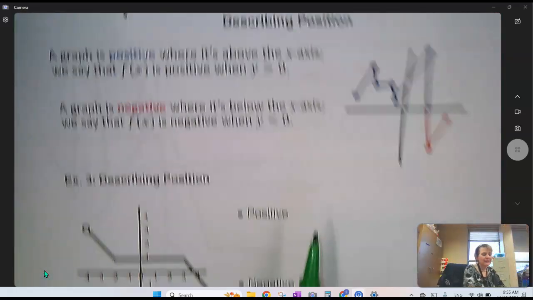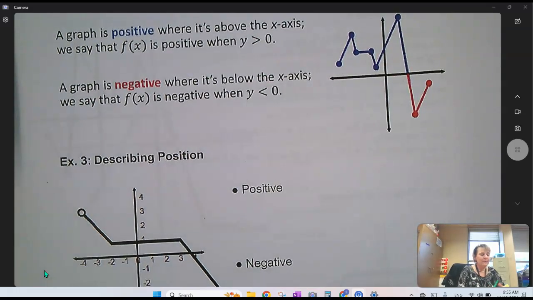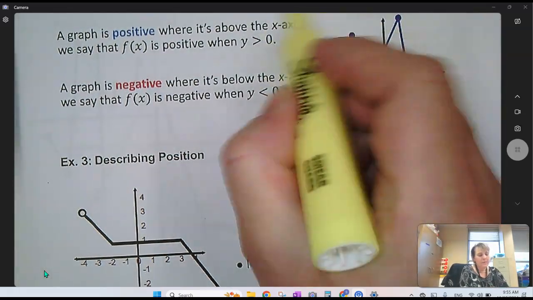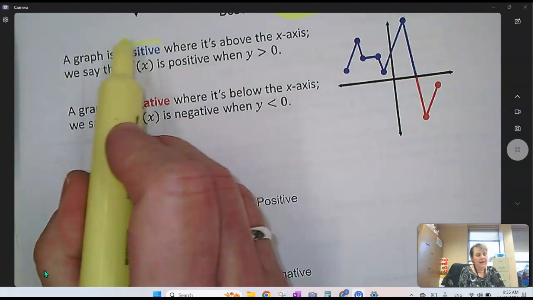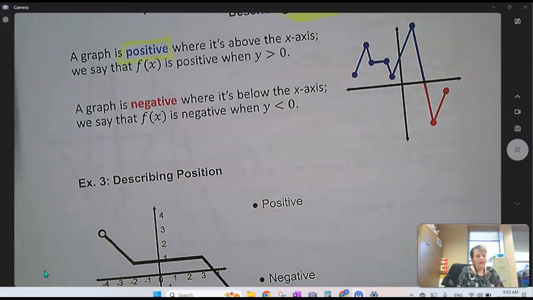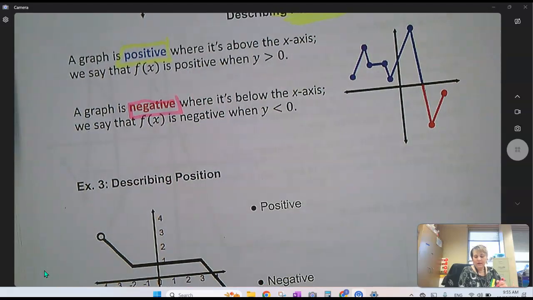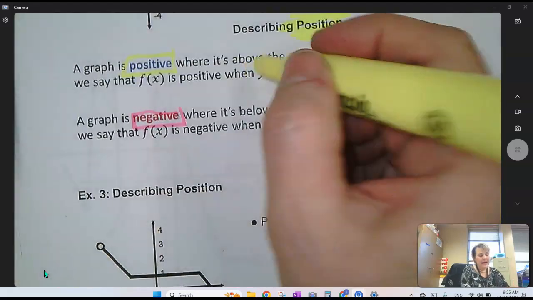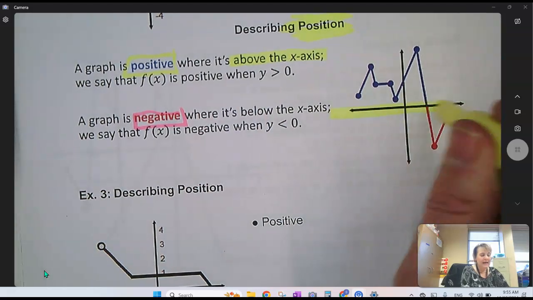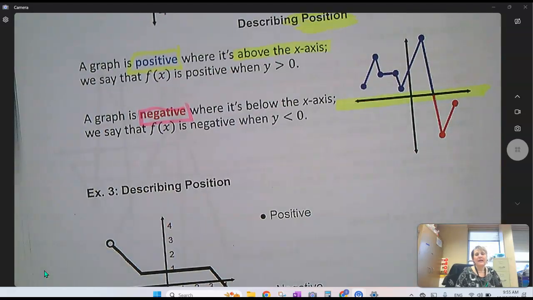All right, so next portion, we're describing position. Position is either going to be positive or negative. Positive is going to be above the x-axis. Our reference line is the x-axis.